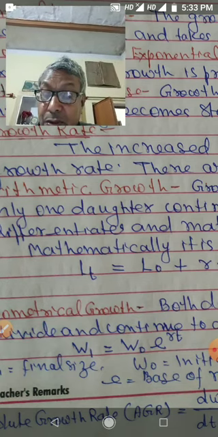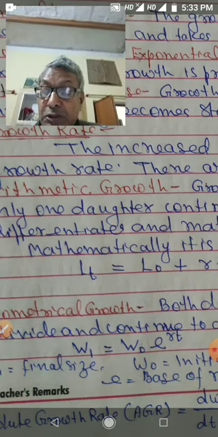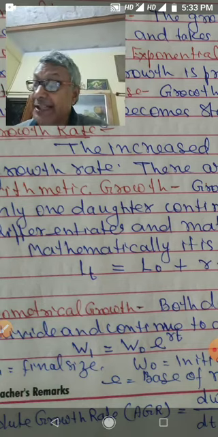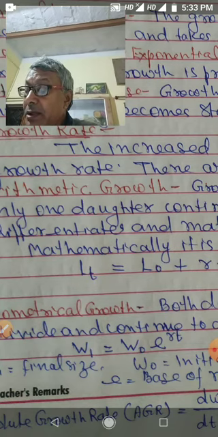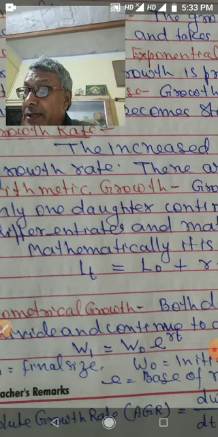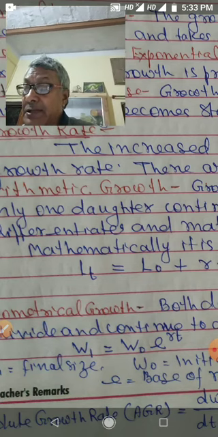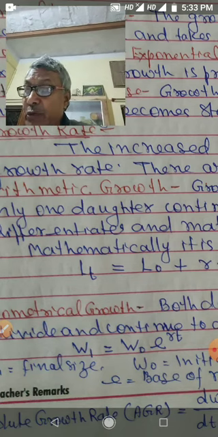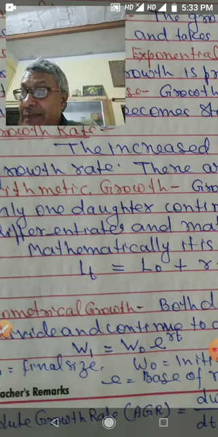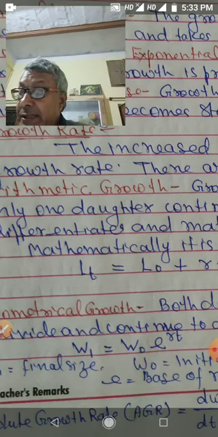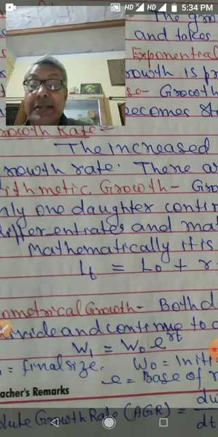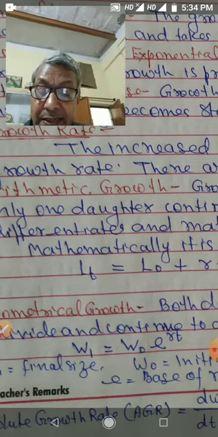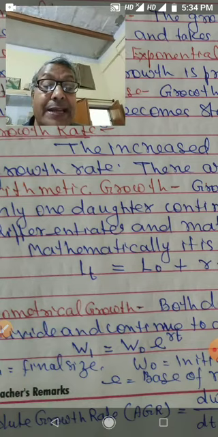In the geometric growth we can represent by a mathematical expression, that is W1 equal to W0 e power rt. W1 is final size, that may be weight, height or number of cells. W0 is initial size, that is at the beginning of the time. r is the growth rate, t is the time and e is the base of natural logarithms.